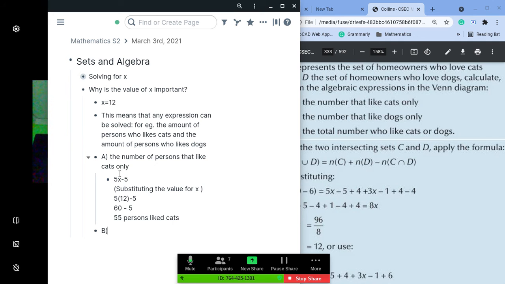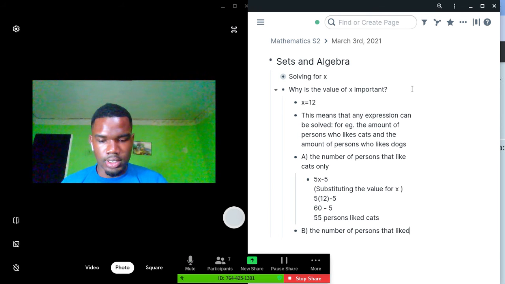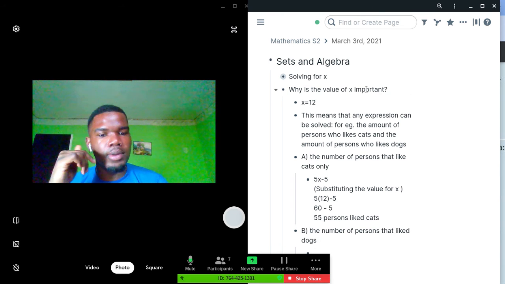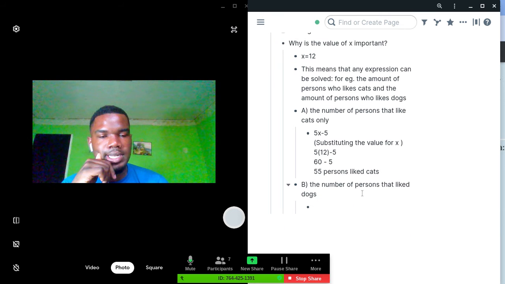Number of persons that like dogs. The number of persons that liked dogs. Alright, let's work out B now. Remember the formula, the number of persons that like dogs.